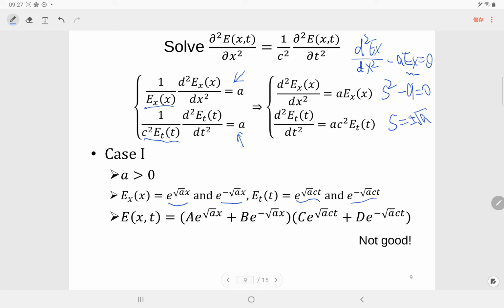It's not like a wave. If x goes to infinity, this term will go to infinity, and for x going to negative infinity, this term will go to infinity.